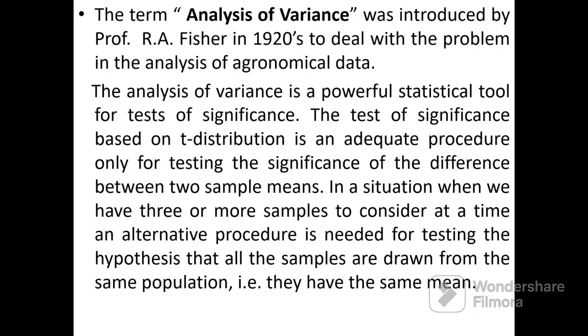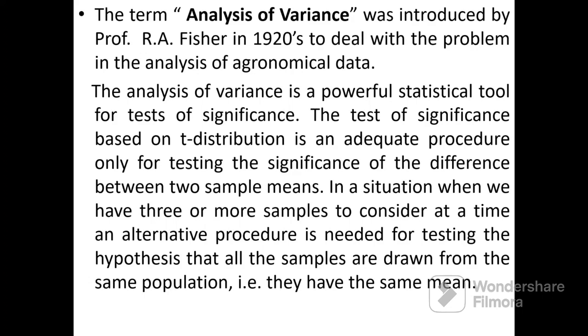That is, they have the same mean, okay? So in analysis of variance, no doubt the technique name is variance, but here we are testing means only. Till now in tests of significance, between the difference between two sample means, or the difference between population mean and sample mean, all these tests of significance, here we are testing the expected value and the observed value difference, okay?